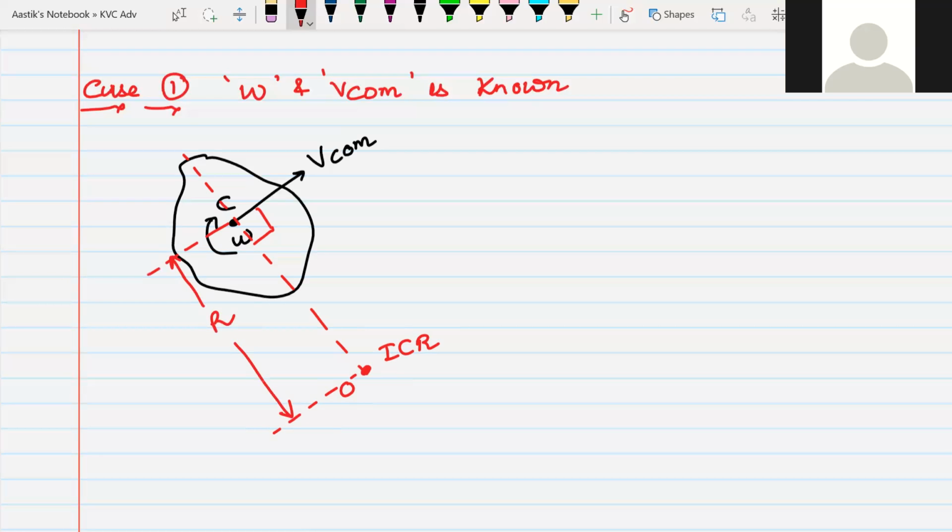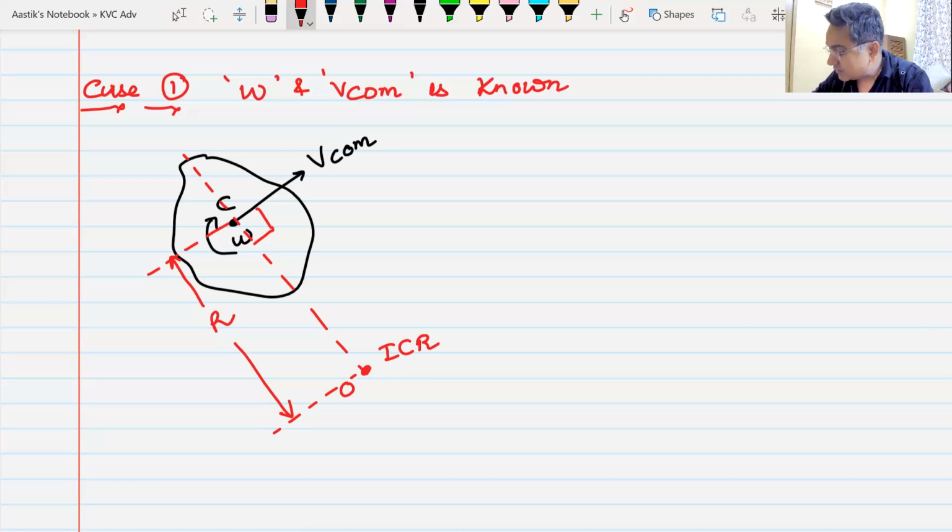Then by common sense or logic, you should be able to tell me the value of this R. This is a purely geometrical construction. Omega is known. Remember, it is going to move with the same angular velocity, so the angular velocity about this point will also be equal to omega.